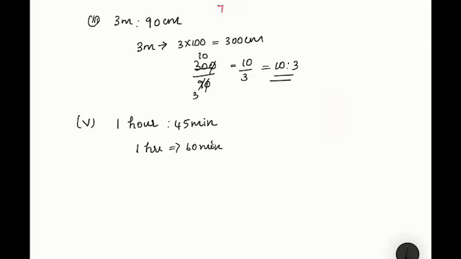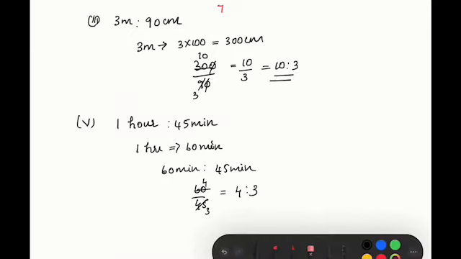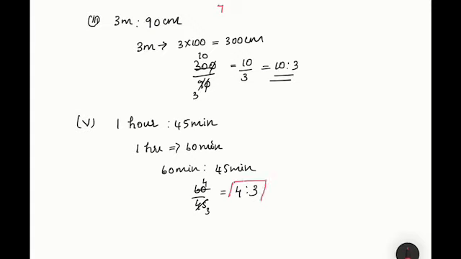It's easy. So how do you take it? 60 minutes is to 45 minutes. So 60 by 45, divide by 15. 15 4s are 60, 15 3s are 45. So I can write 4 is to 3. So we get the answer as 4 is to 3.